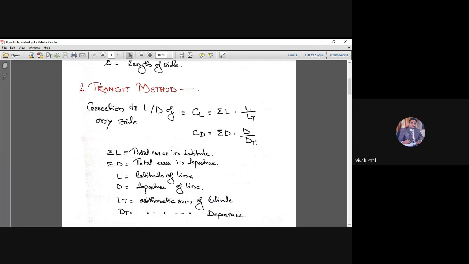Is it clear, everybody? What is the formula for the transit method for the correction of latitude as well as departure? Is it clear? Yes, sir. Any doubts? Please ask me. There will be a sure shot numerical on the formula for latitude and departure for 10 to 15 marks.